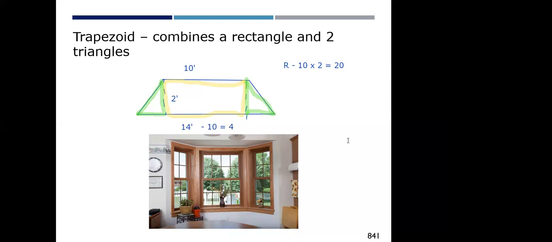And when I take that 4 and cut it in 2, I get 2 for this triangle, and I get 2 for this triangle. So 2 plus 10 plus 2 gives me the bottom base of 14. I just account for it in the 2 different parts, 10 with the rectangle and 2 for each triangle.